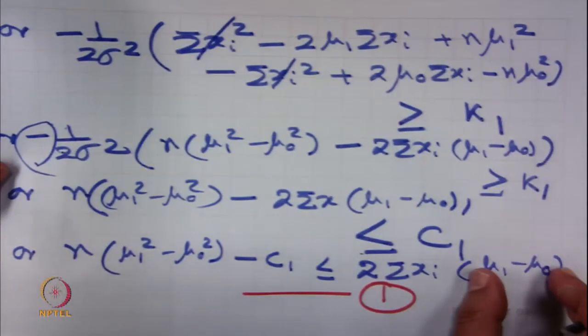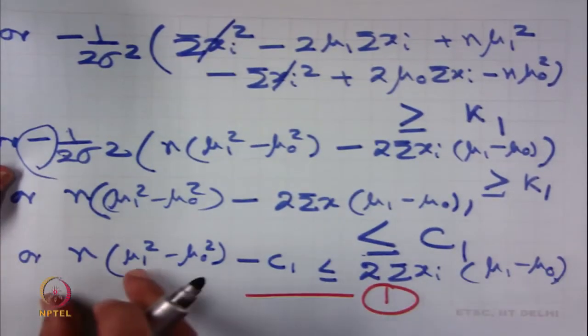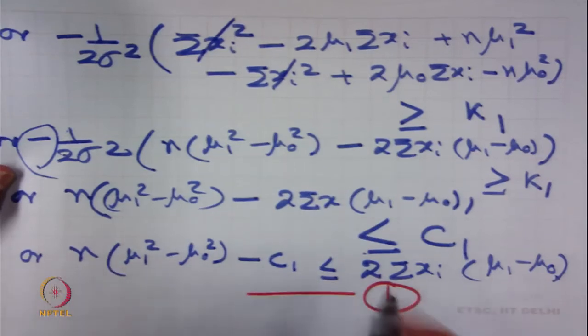As you can see from here, mu 1 minus mu naught is positive. Therefore, if I divide both the sides, then we get sigma xi has to be greater than some constant.